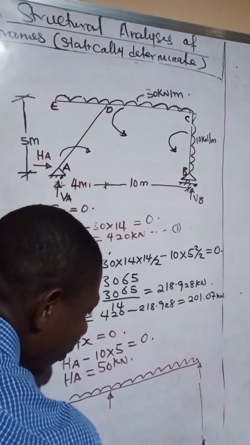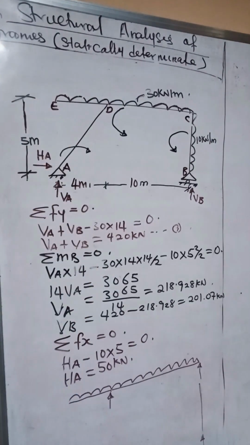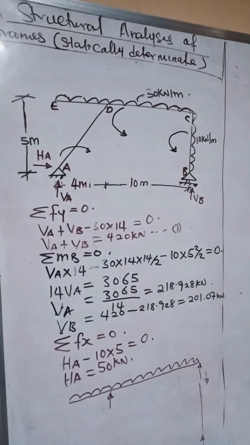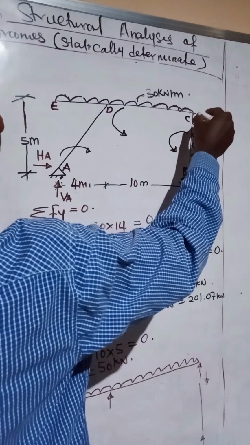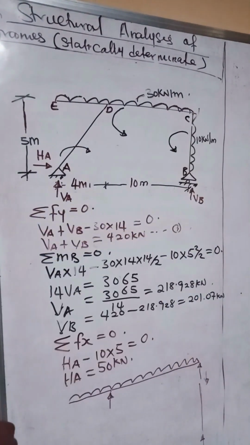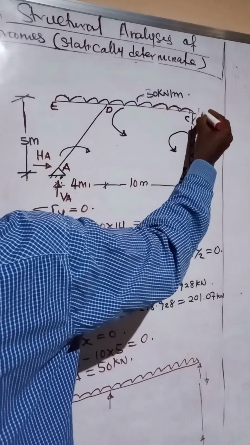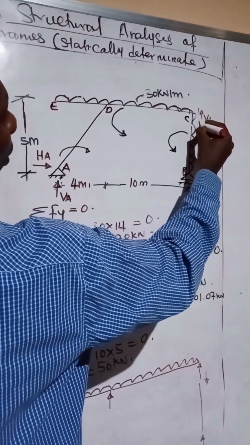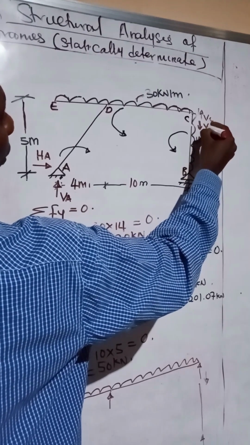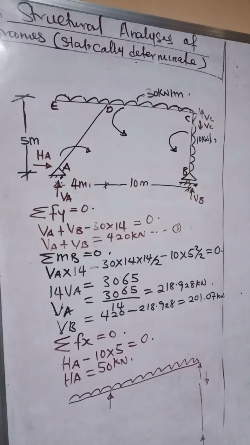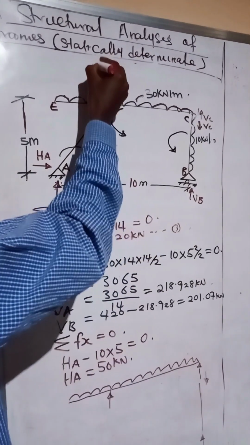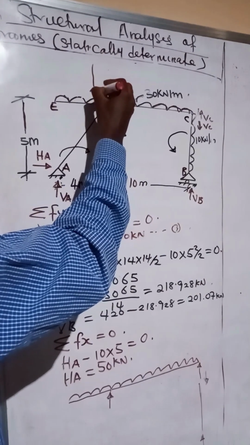So when we split, we're going to have it as this. We have a reaction going this way, which is VC, and another one coming down, which is VC. If you split this part of the structure, you will see this reaction VC.